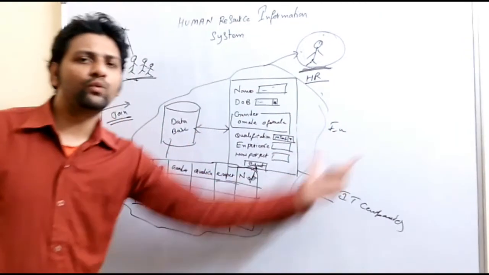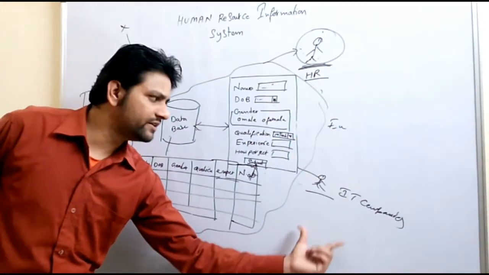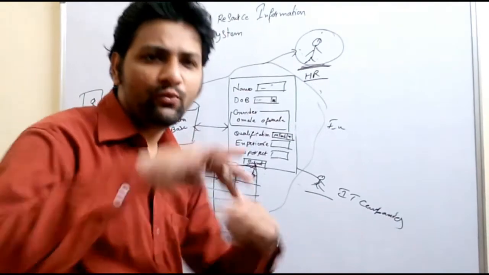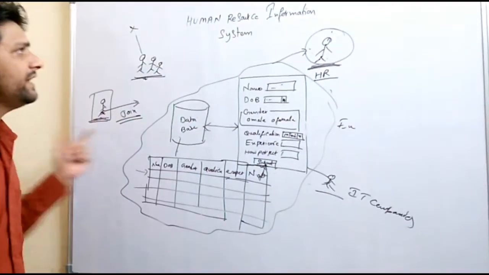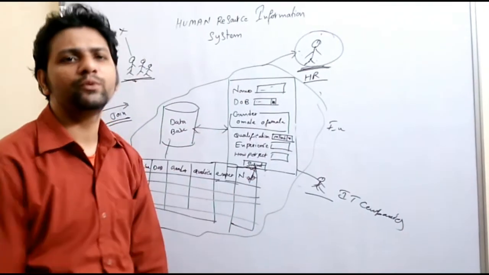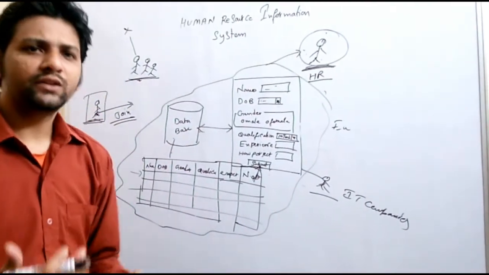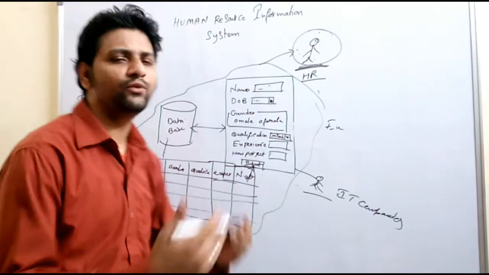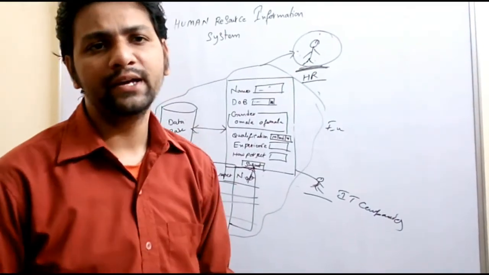That is also part of the coding developed by the IT companies. Whatever it may be, I am telling the example for the human resource information system. It is software that is stored, retrieved, organized and manipulated by a particular person called HR.